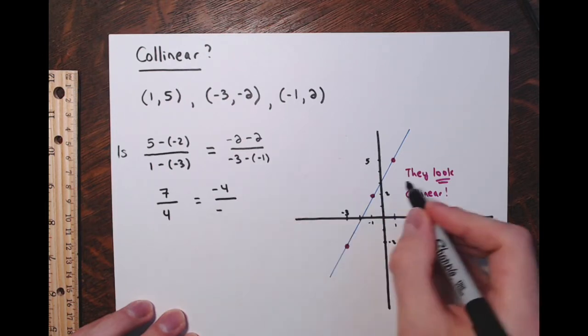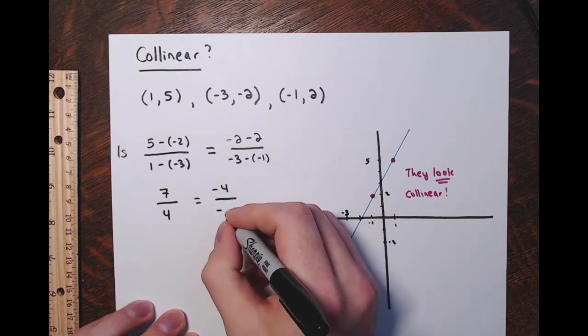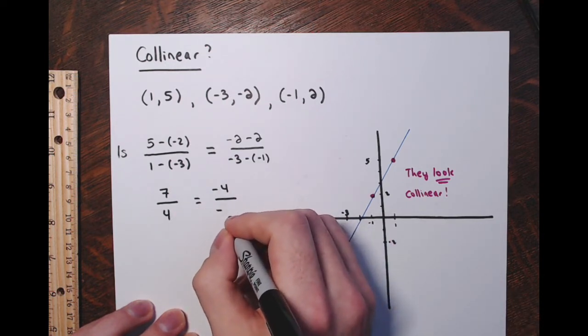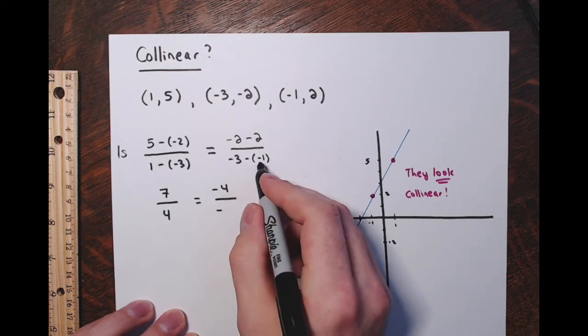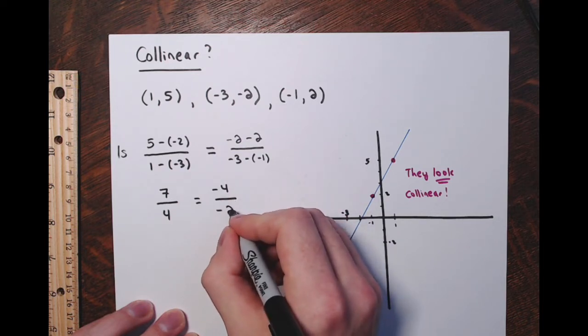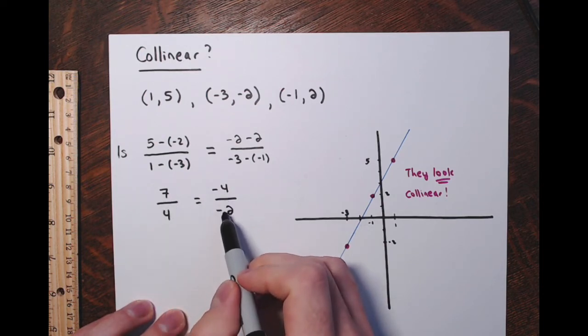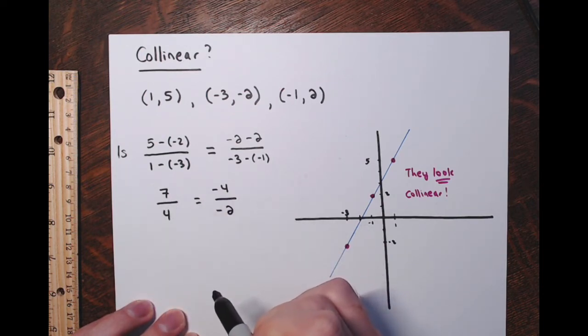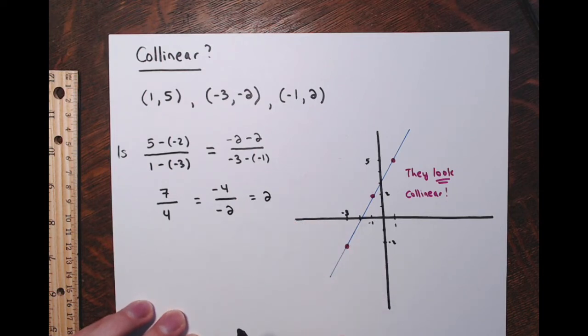So I said they look collinear, but again, this is a hand drawing. Looking at this, you can tell that they are not. All right, watch this. -3 plus 1 is -2. So this is 7/4. This is just the number 2. Is 7/4 equal to 2? No.